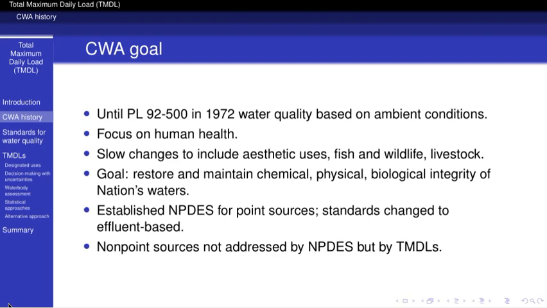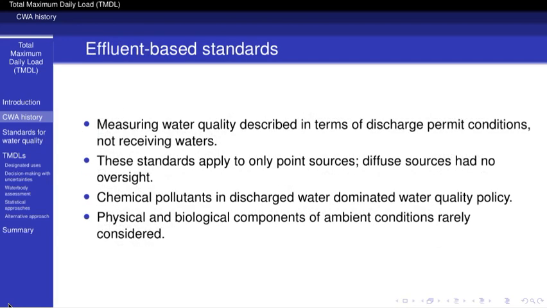However, there are pollutants entering water bodies from diffuse sources and hydrologic alterations that cause non-point source pollution. Applying NPDES effluent-based standard criteria to non-point source dischargers has been highly problematic and ineffective.